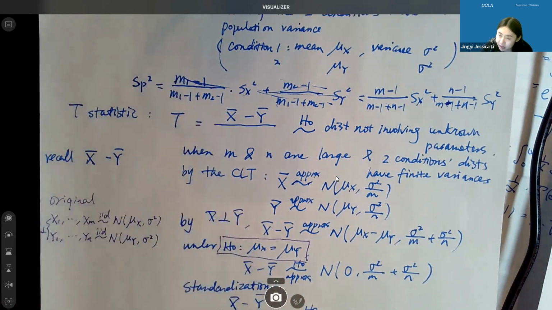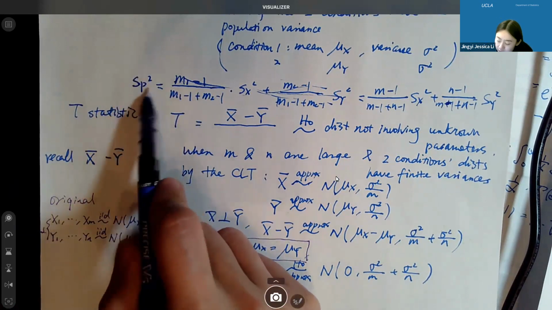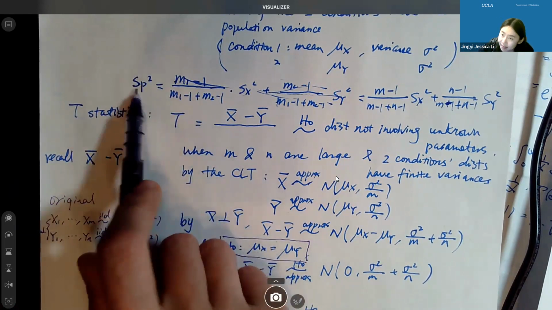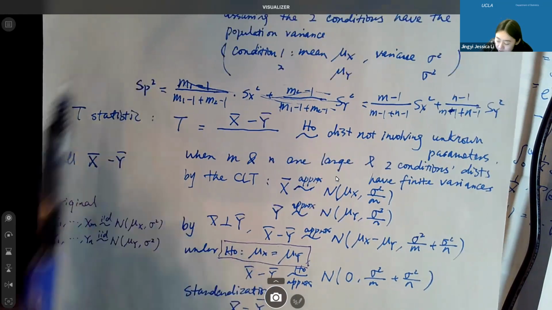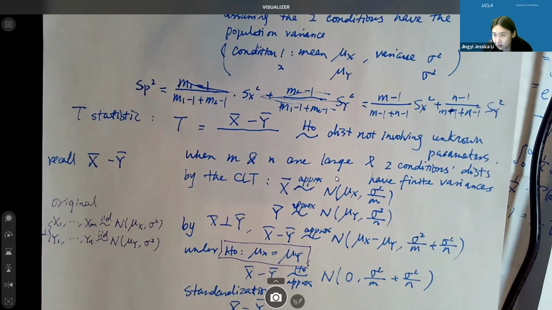By big variance here, what I mean is that if you collect the samples again, you do another experiment, and you can compute another realization of Sp squared, and those 2 realizations may differ quite a lot. So that's not good, right? In this case, how can we stabilize our pooled sample variance so that its variance is not so big? That's the question we want to answer.